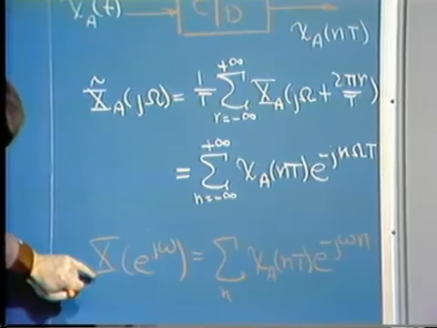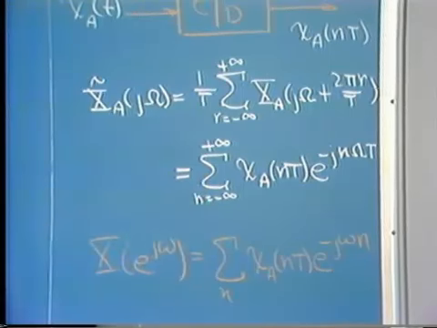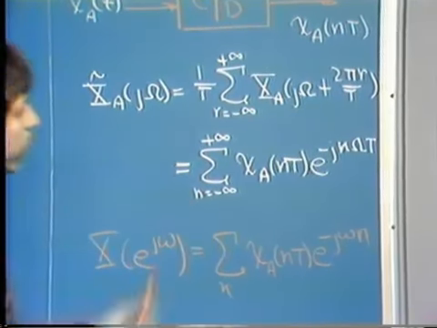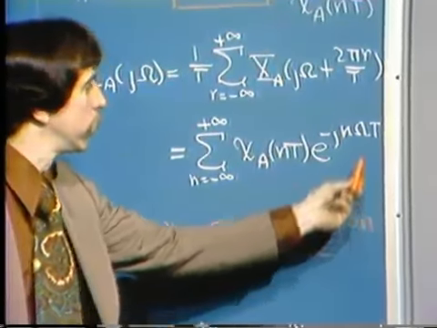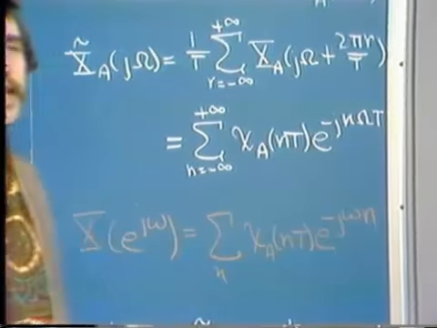Well, let's compare this with this. We see that they're exactly the same, except that for omega, little omega here, we have capital omega times capital T there.